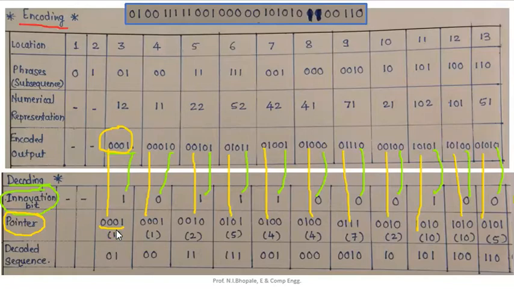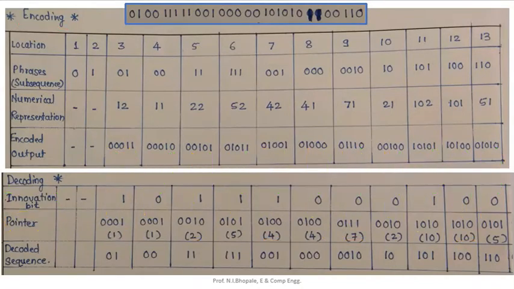Now the value indicated by this 0001 in terms of decimal representation is the value 1. 0010 means it is 2. 0101 it is 5. 0100 it is 4. Next again it is 4. Here 0111 means it is nothing but 7. Like that for 1010 it is nothing but 10. So this is how it has been done.